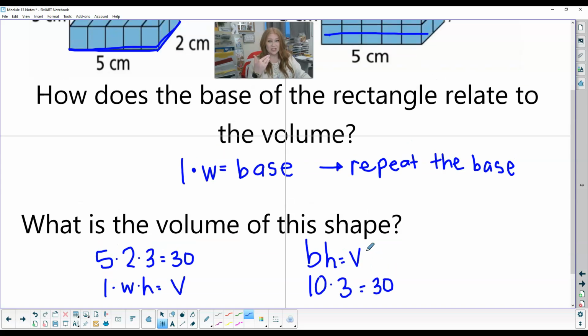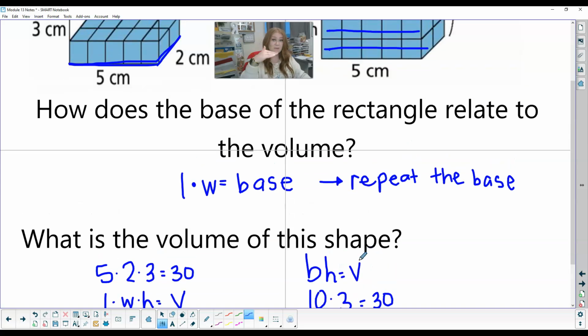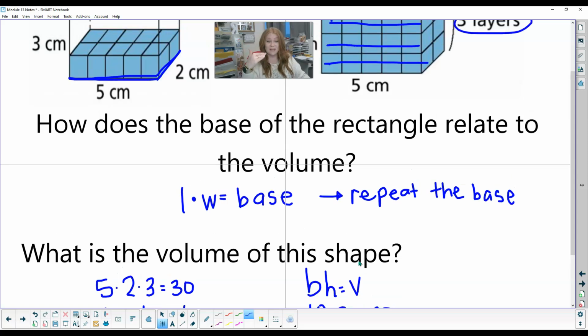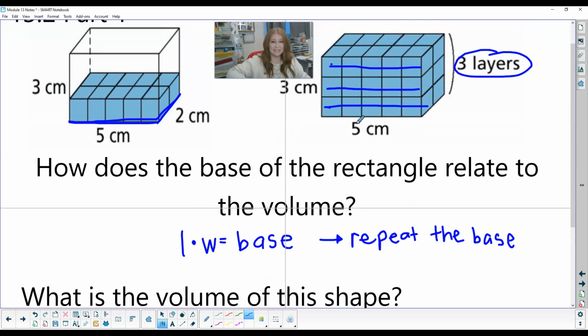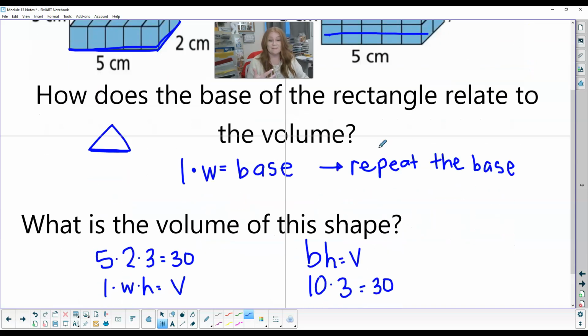So you have to pay attention. We've done a base before, but it was one thing. When we're finding the base of a 3D object, that means we had to multiply. The base of a 3D object just means the bottom of it. That's different than the base of a triangle, but it means the same thing: the bottom of the triangle, the bottom of this three-dimensional shape.